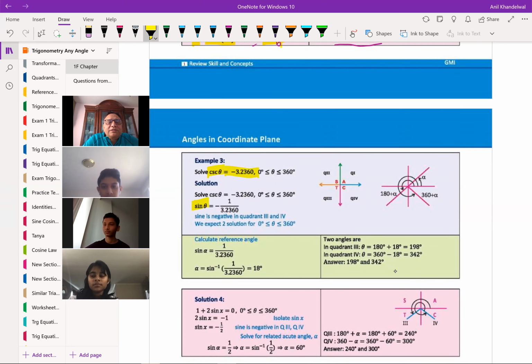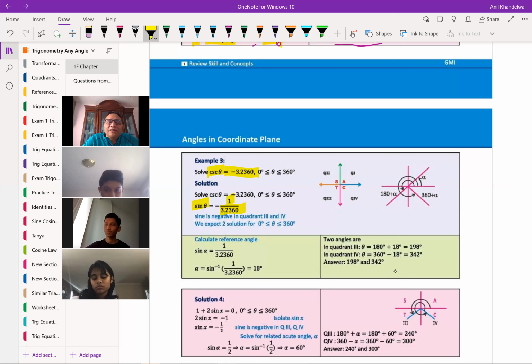So we could write this equation as sine theta equals minus 1 over 3.2360, correct? Because the calculator only provides us primary trigonometric ratios and not the secondary. So to find the value of the related acute angle, it is important to write every trigonometric equation in terms of its primary trigonometric ratios.